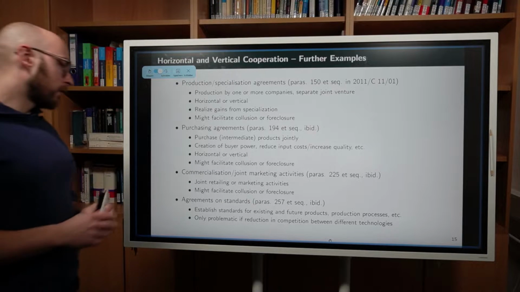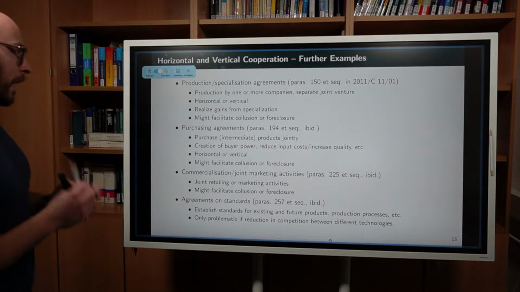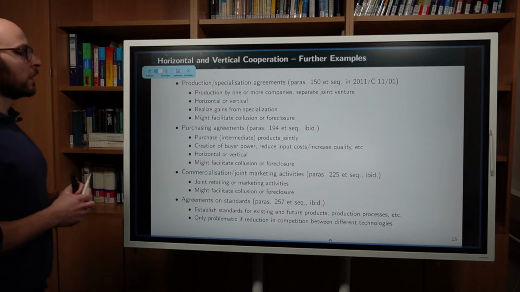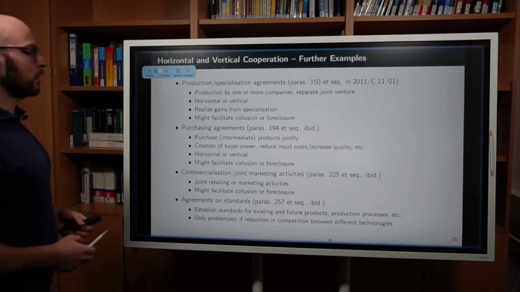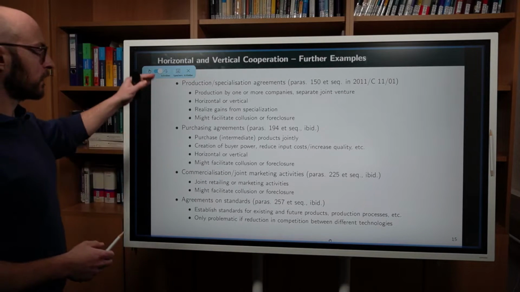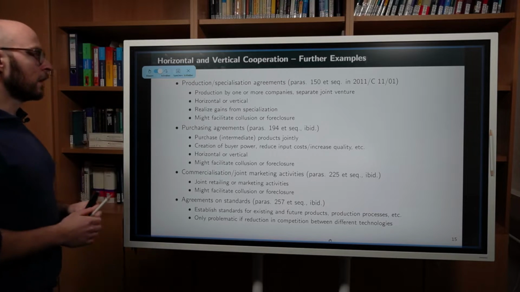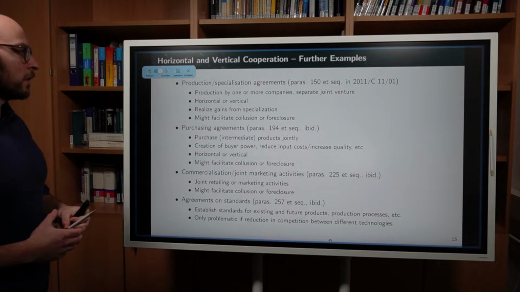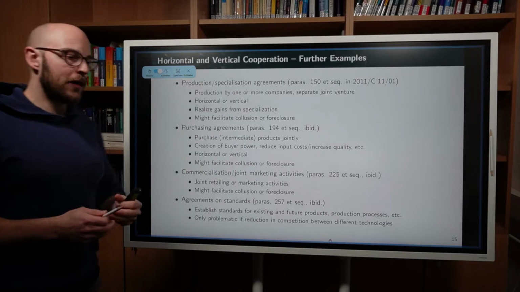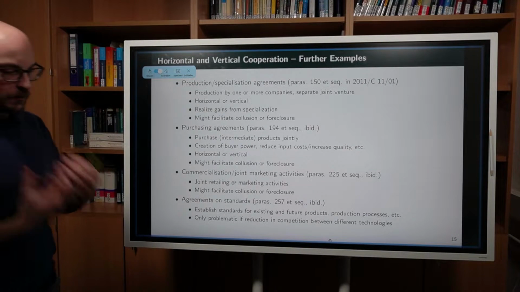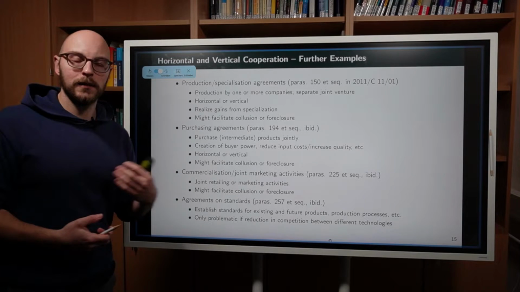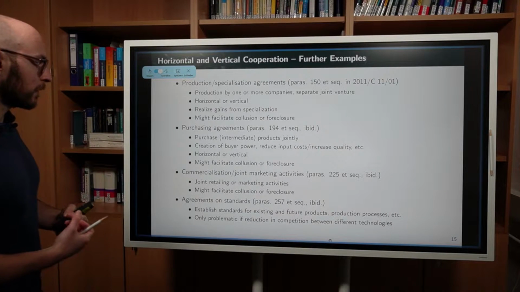Now, before we get to buyer or purchasing agreements, let us talk more broadly about the remaining alternatives. So we have production specialization agreements. So that could be horizontal or vertical, and what you basically do is to have one firm producing one specific product and specializing in it, and the other firm specializes in the product of the other firm.